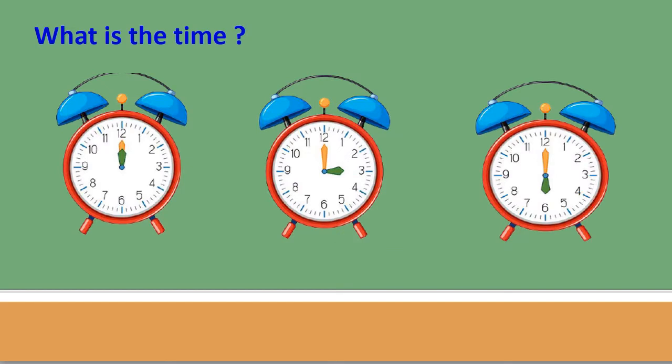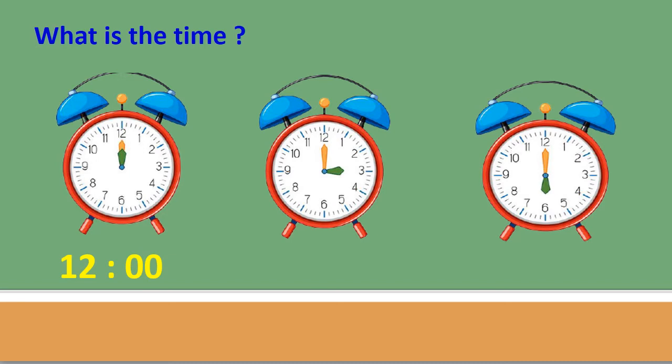What is the time? In the first clock here, the short hand points to 12 and the long hand points to 12. In digital form, what does it mean? It means 12, 0, 0: 12 for hours, 0, 0 for minutes. In the second clock here, the short hand points to 3 and the long hand points to 12.